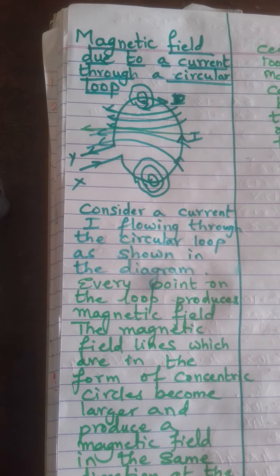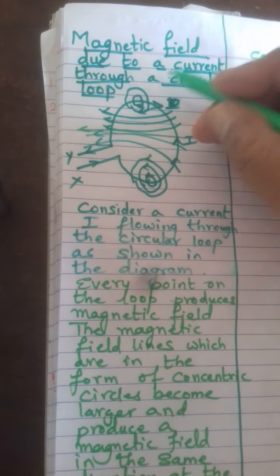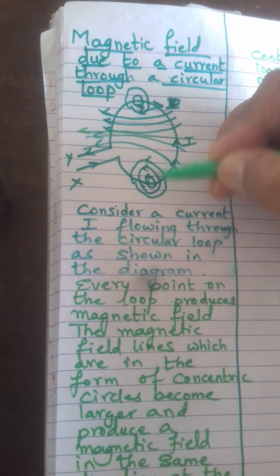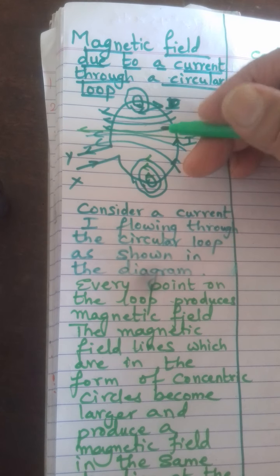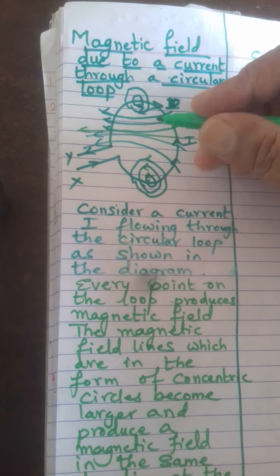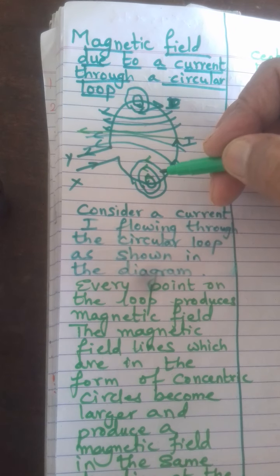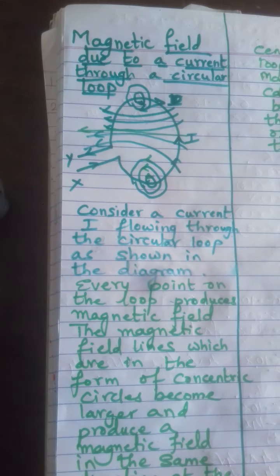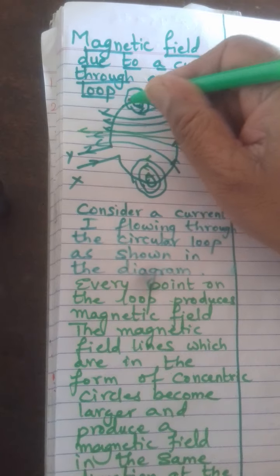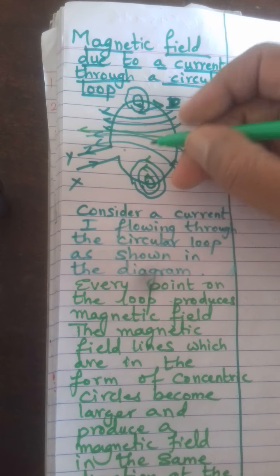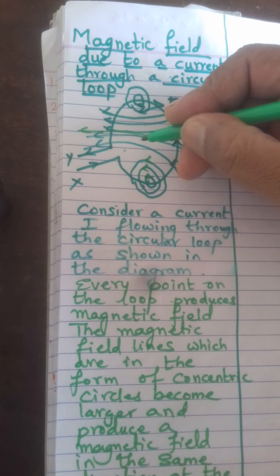And what you find is that the direction of the magnetic field lines due to the opposite segments, both are in the same direction. So all the segments, that is all the points on the loop, produce magnetic field. Each and every point on the loop produces a magnetic field, and this magnetic field at the center will be in the same direction.